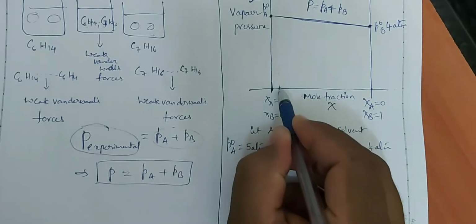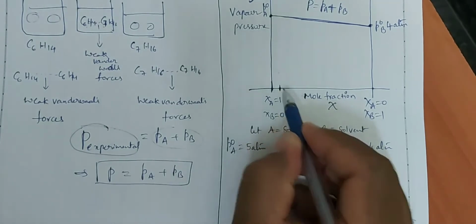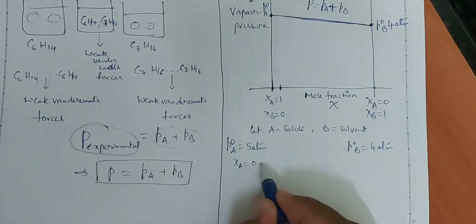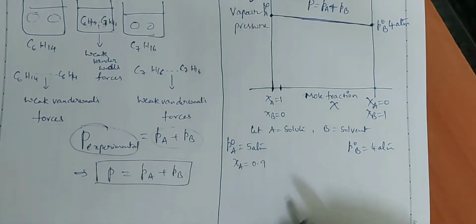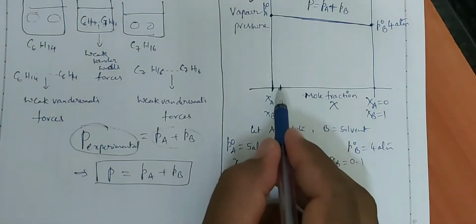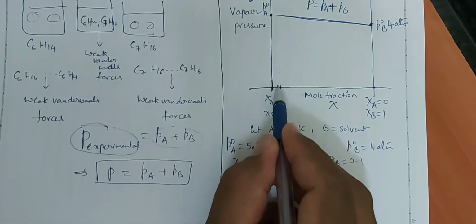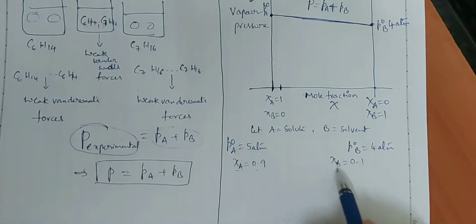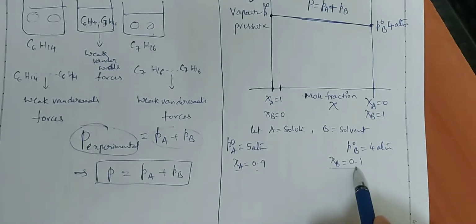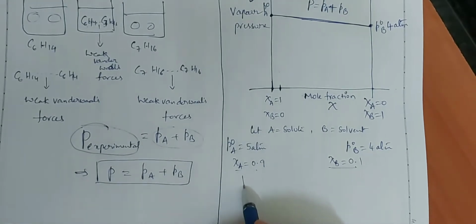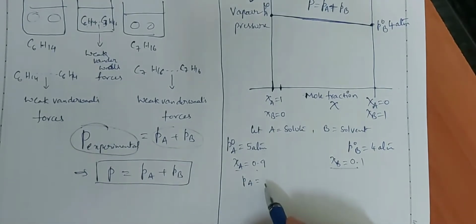At this point I prepared the solution with chi A is equal to 0.9 and chi B is equal to 0.1. This solution contains both components. So in that solution chi A is equal to 0.9, chi B is equal to 0.1. Is it clear? Now PA is equal to P naught A into chi A.